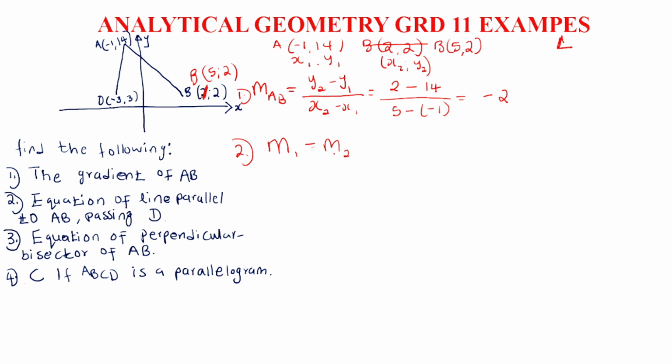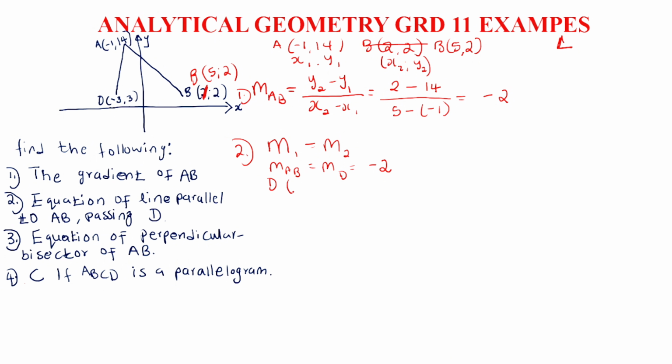So in this case, m of AB should be equal to m of the equation of a straight line we're trying to calculate, which is -2.